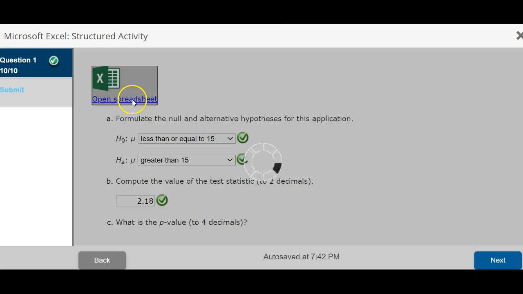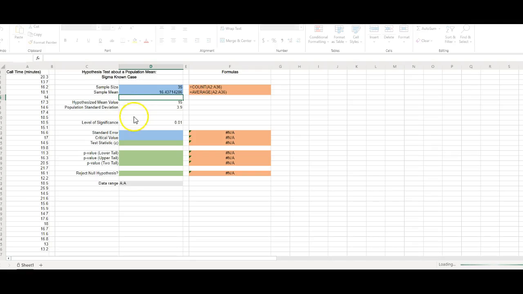And first, let's look at how we calculate the mean. So let's open the spreadsheet. I've already done this, so I've already set it up. I use the count function to count the number of entries in my array to give me 35. Likewise, I use the average built-in function to calculate the sample mean.